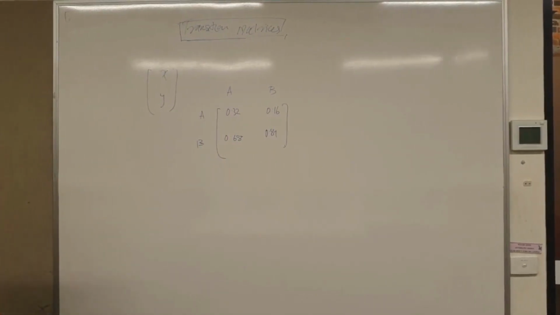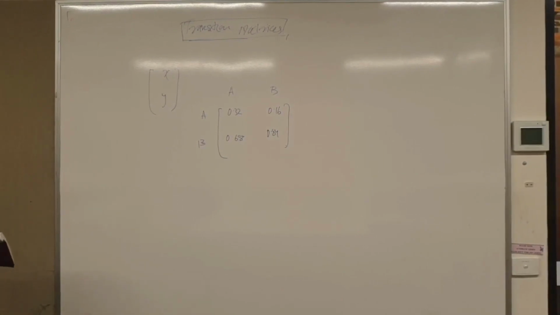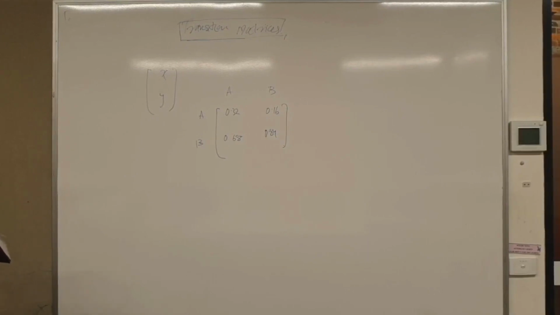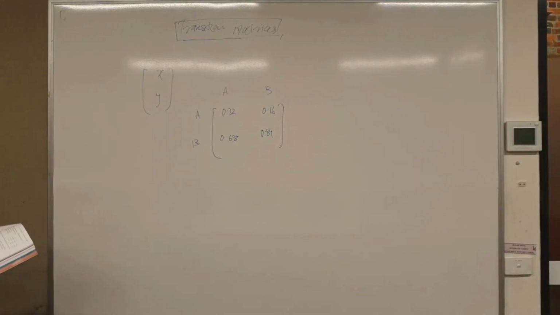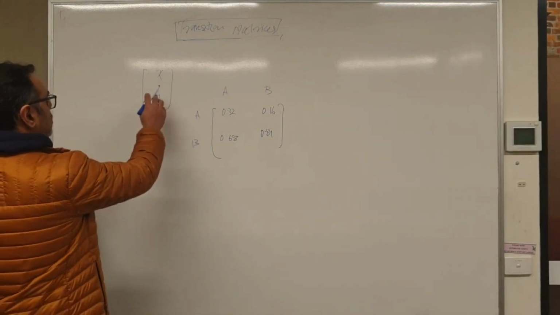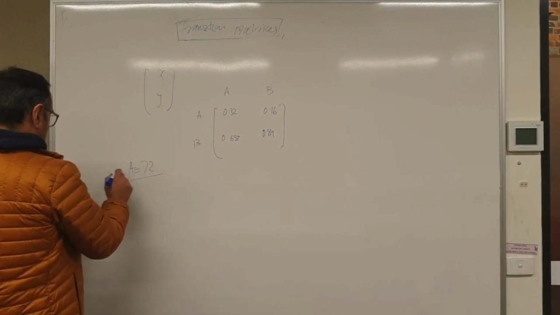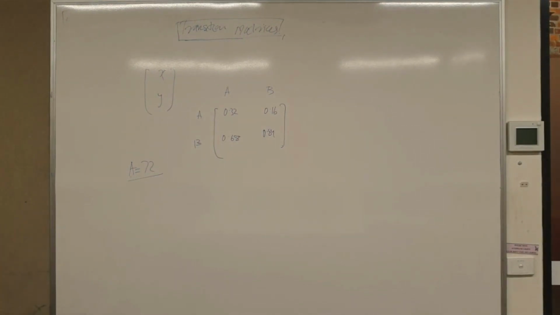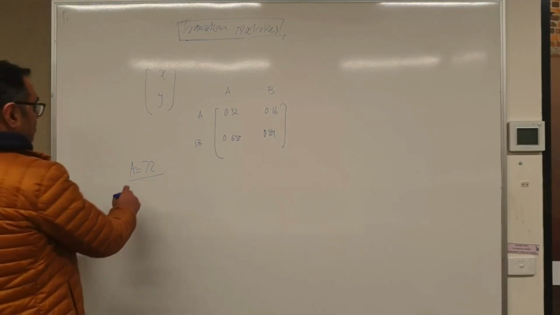The workers may be allocated to work on different machines from day to day based on this transition matrix. Machine A has 72 workers working on it. Each day, the number of workers on machine B will be... So we need to find machine B.